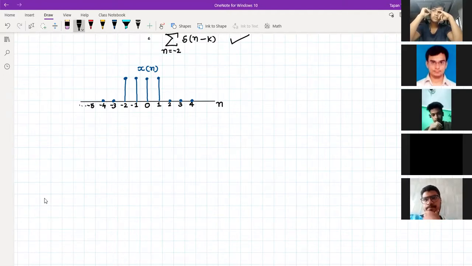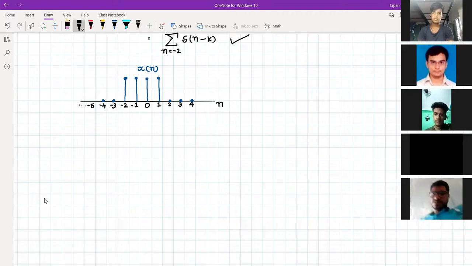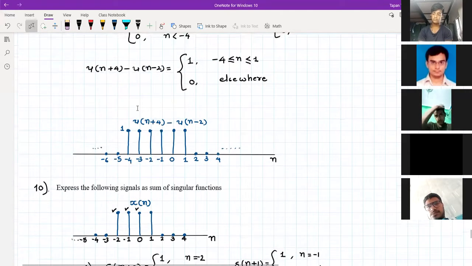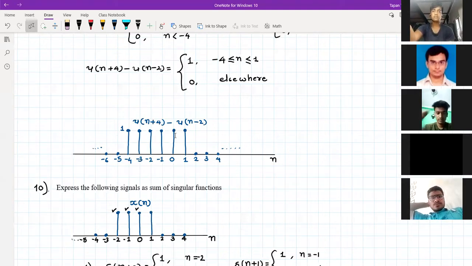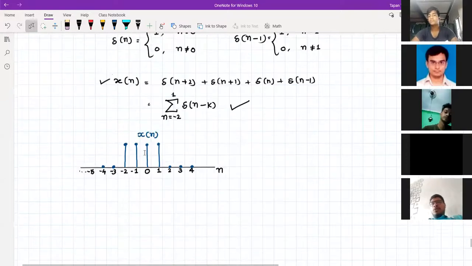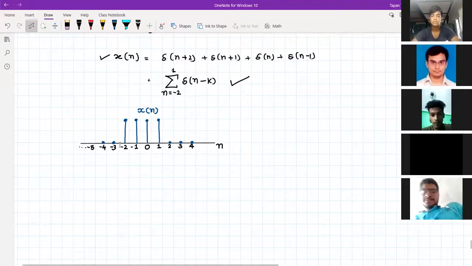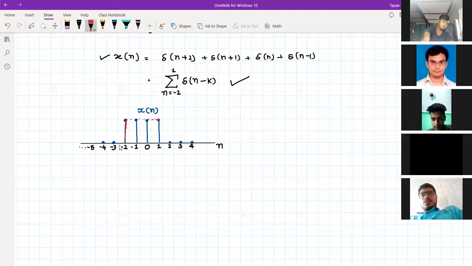Okay, now if you look at this, then I can say that the original function could be obtained from a unit step function, because ultimately it's a rectangular function, and rectangular function, as we have already seen, we can obtain from the subtraction of unit step sequences or unit step functions.